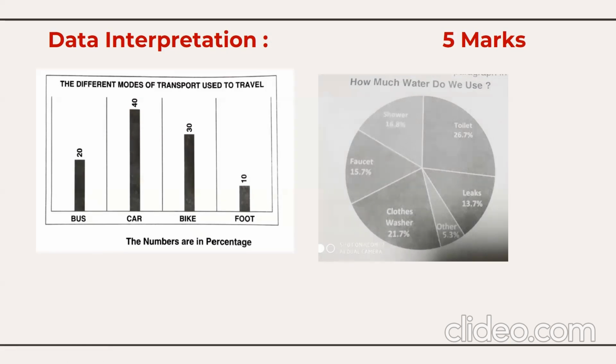Now let's compare. The vehicle which is used the maximum is the car. And the minimum, the people prefer not to walk, that's only 10%. So like this you need to compare, and you need to give an interpretation of the data.